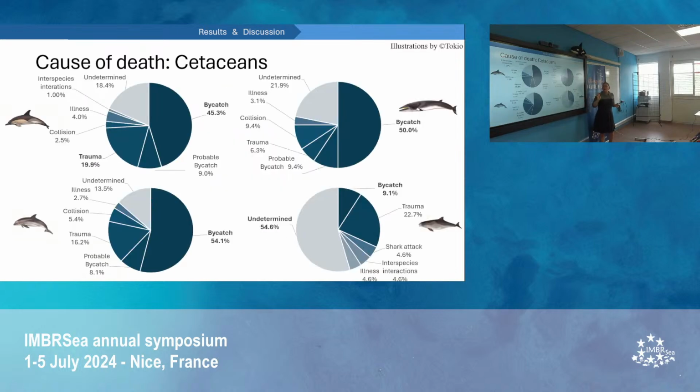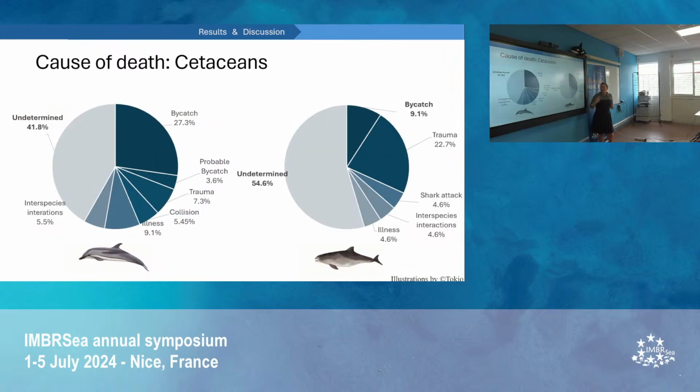We then have our other four cetaceans: the common dolphin, the minke whale, the striped dolphin, the bottlenose dolphin, and the harbor porpoise, which are all dying significantly due to bycatch. And lastly, we have the striped dolphin and our harbor porpoise, which are dying significantly due to undetermined causes.